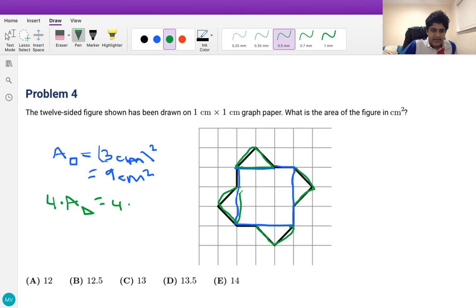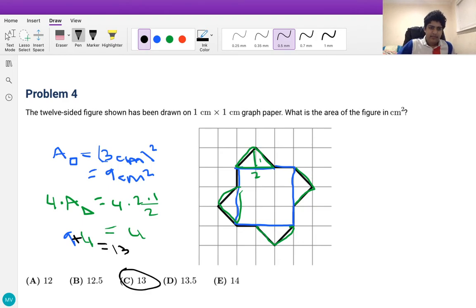So its area is 2 times 1 over 2, which is just 1. And this is going to be equal to 4. Thus, the total area is going to be 9 plus 4, which equals 13. Choice C, and let's move on.